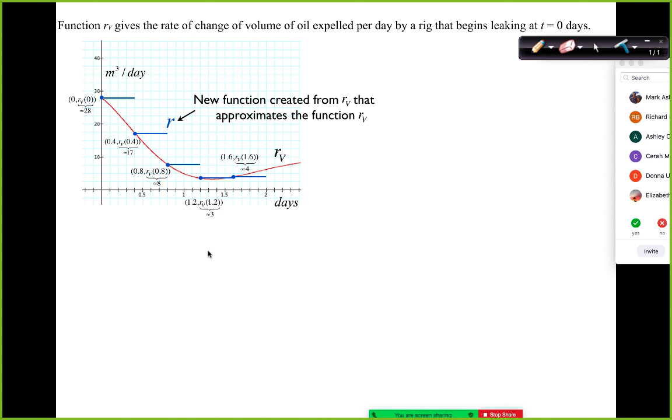What's the key here? With the blue function, we can find multiple rates of change at one time. Yes, we can look at multiple moments at once.